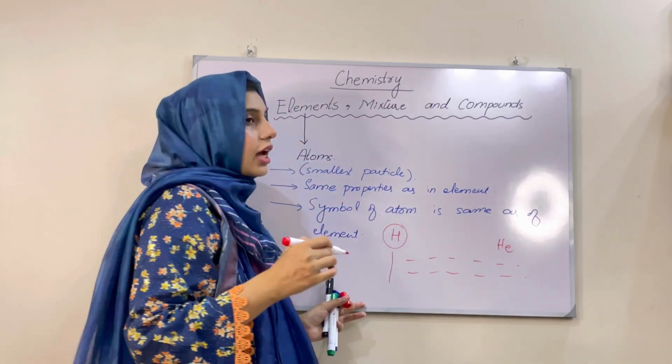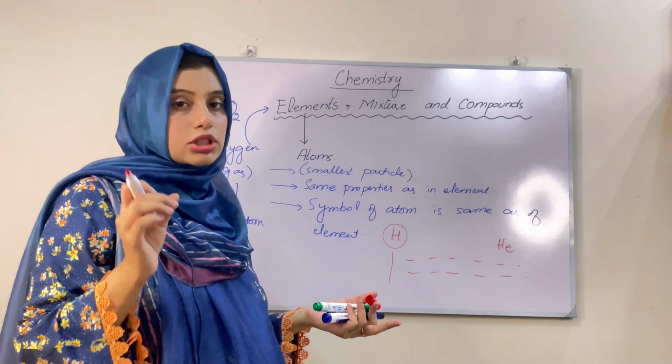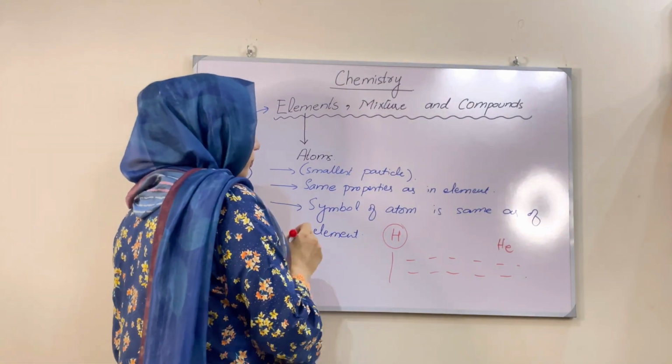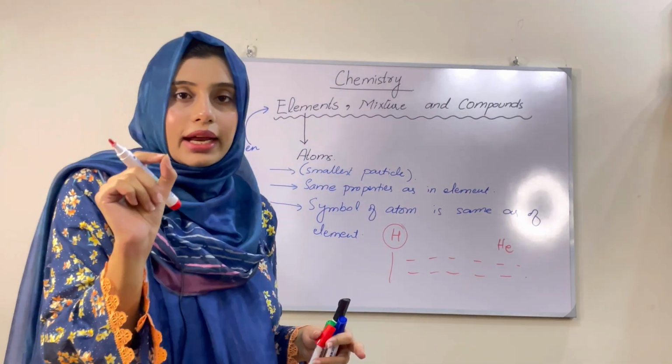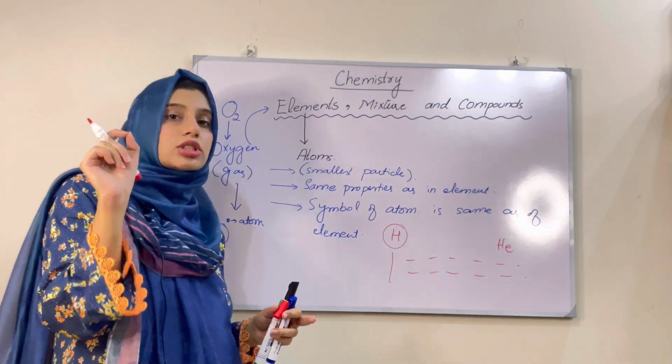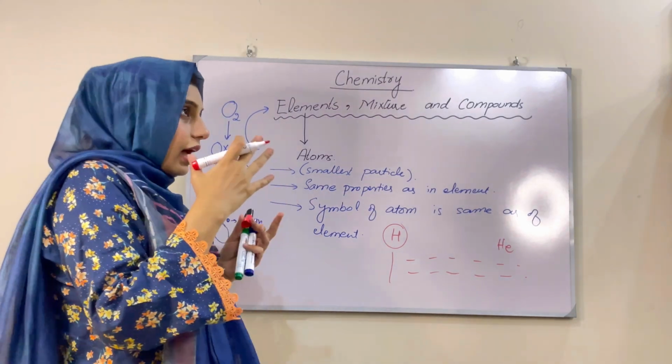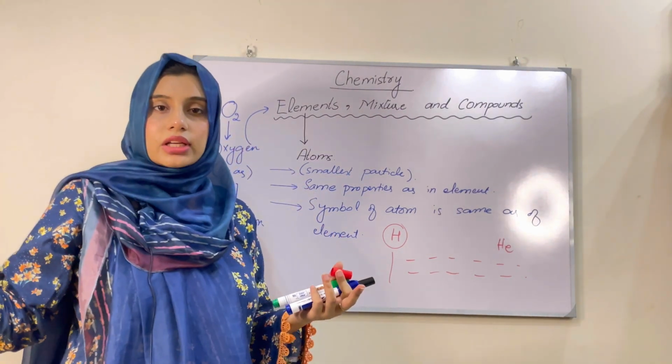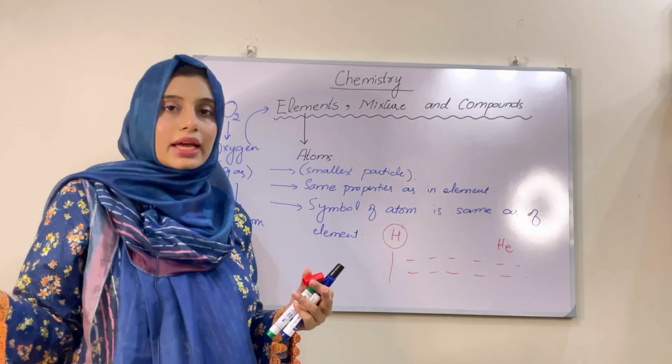Hydrogen is considered the smallest element, smaller in size, so the size of one atom of hydrogen is also small. As the size of the element increases, the size of the atom also increases.